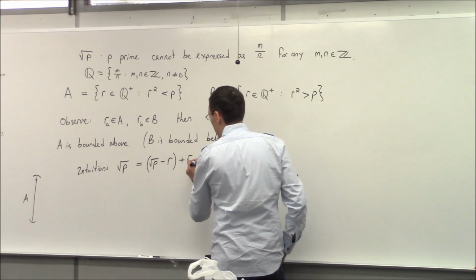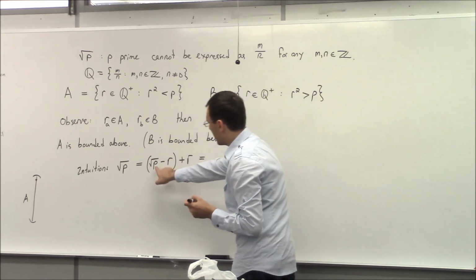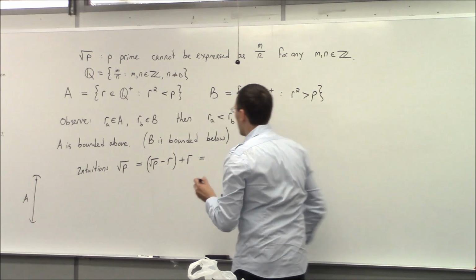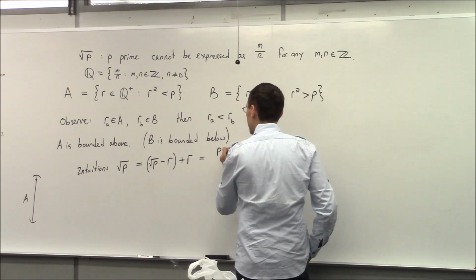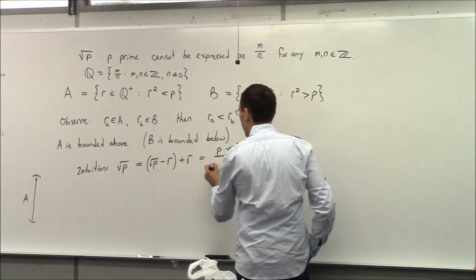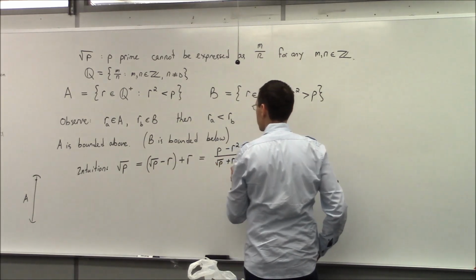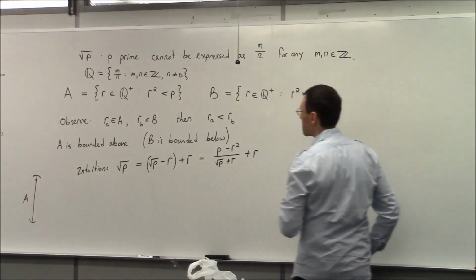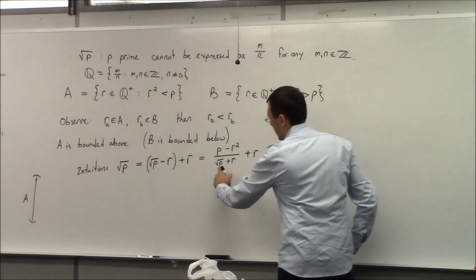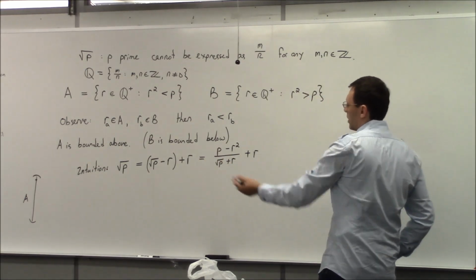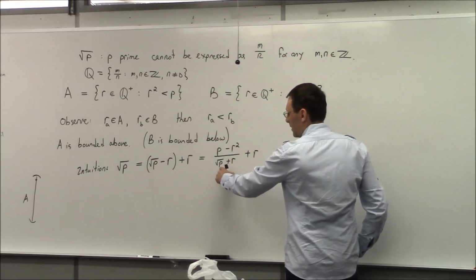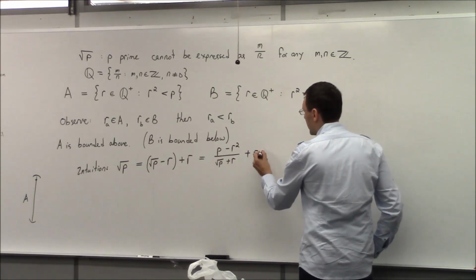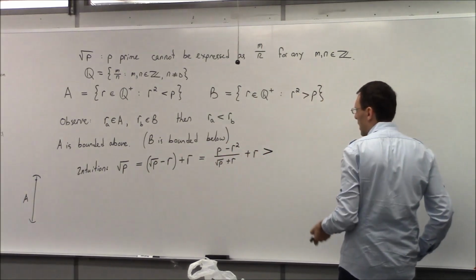What this thing is, by multiplying by the conjugate, I get that the first number is p minus r squared divided by root p plus r, and plus r. Now, again, it's not acceptable to have root p. I want to get rid of it. So notice that if I replace root p by p, I create a smaller number because I'm dividing by a larger denominator.